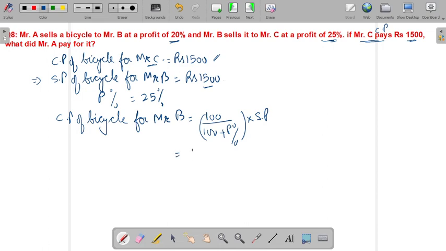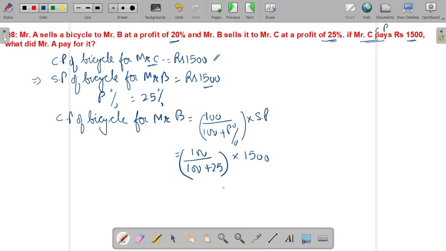So this is 100 upon (100 plus 25) multiply SP, and SP for B is 1500.